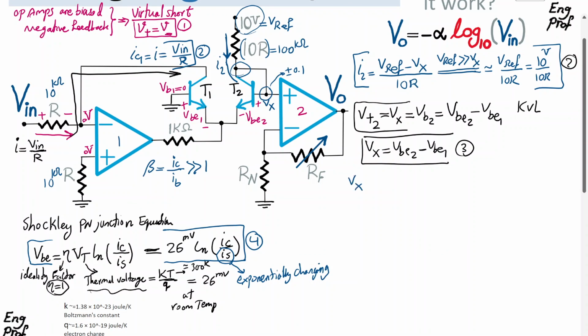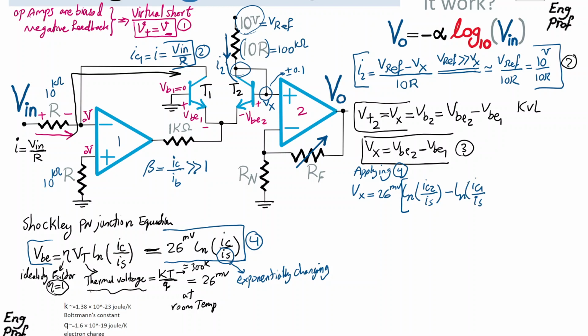Applying equation 4, we get Vx equal to VBE2 minus VBE1, which is 26 millivolt times ln IC2 divided by Is, minus, factoring out 26 millivolt, ln IC1 over Is.